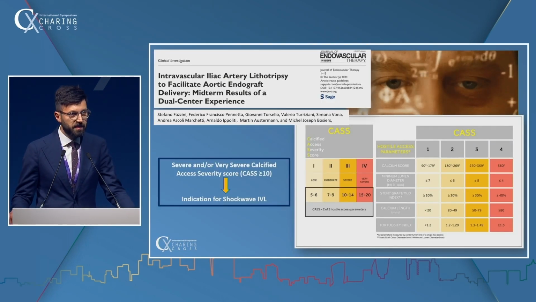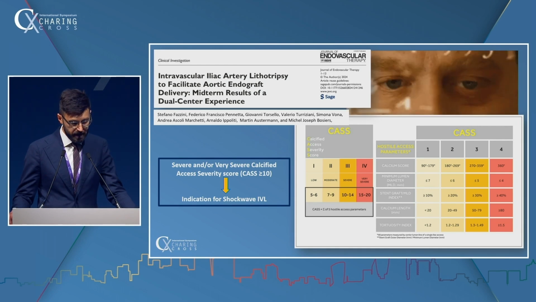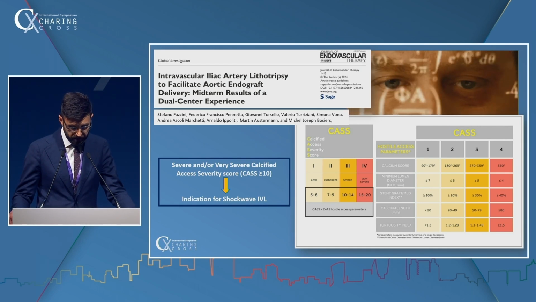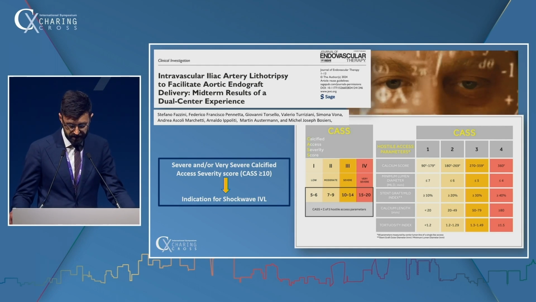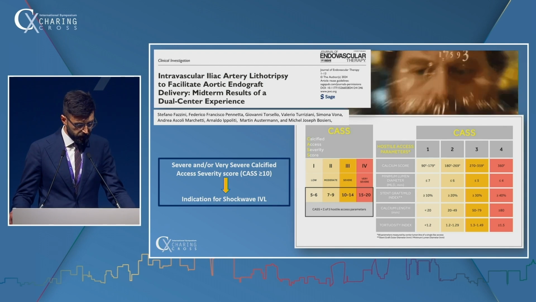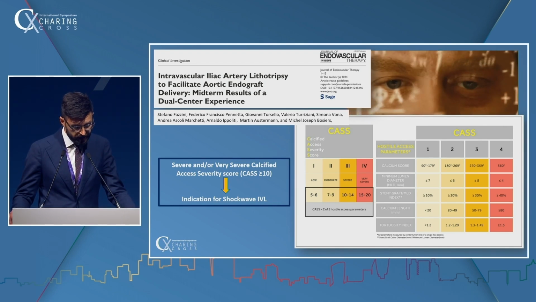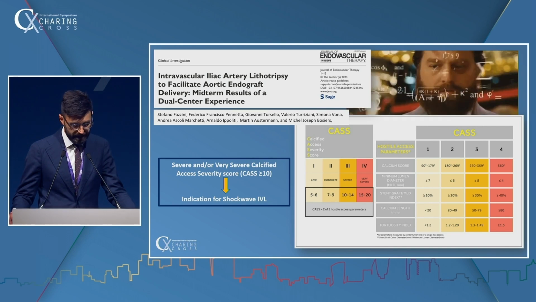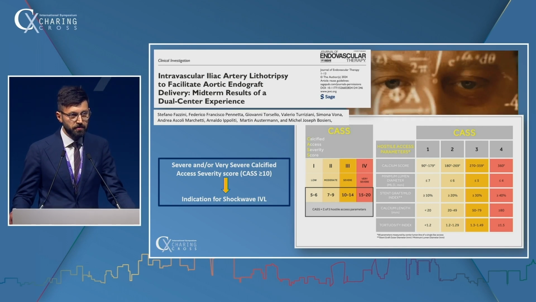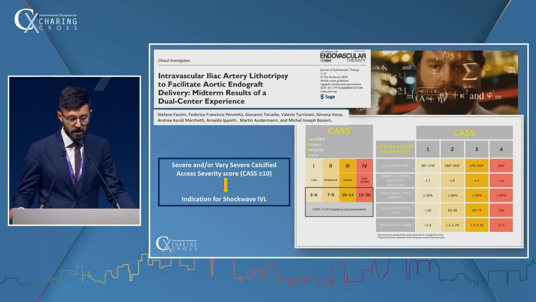Aiming to classify vascular accesses for endograft delivery, a recently published article from my colleagues and friends Fazzini and Bossier filled the gap with the calcified access severity score. When the score is equal to or greater than 10, there is a recommendation for IVL as a first-line strategy for endograft delivery.